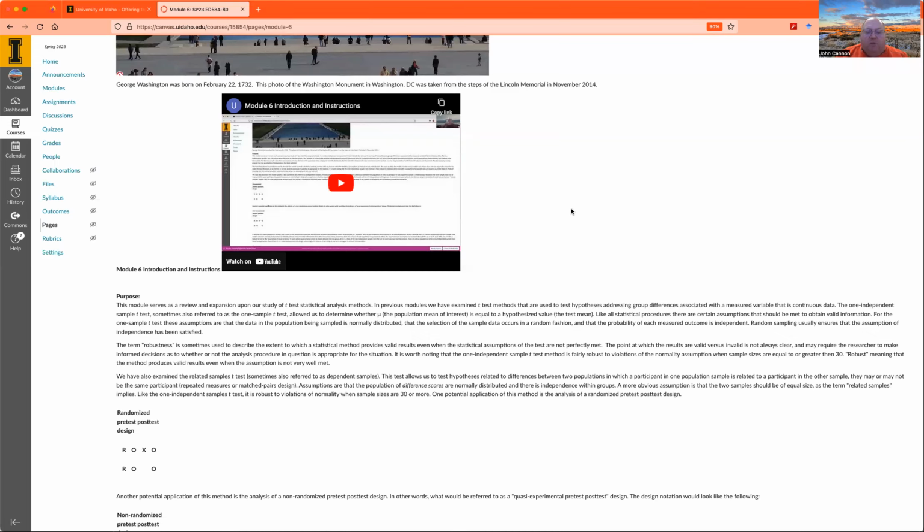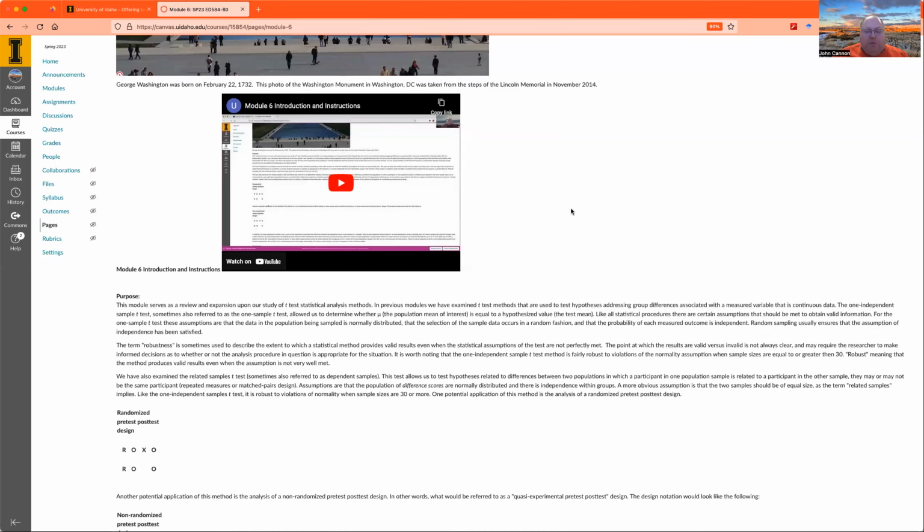It is worth noting that the one independent sample t-test method is fairly robust to violations of normality assumptions when sample sizes are equal to or greater than 30. Robust meaning that the method produces valid results even when the assumption is not very well met.